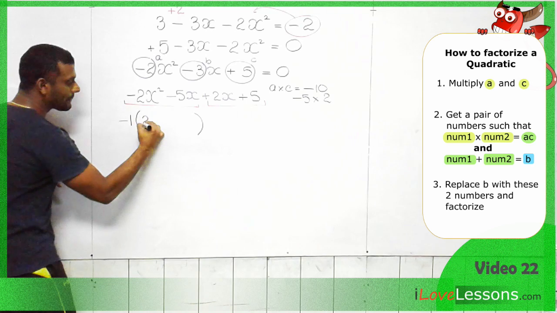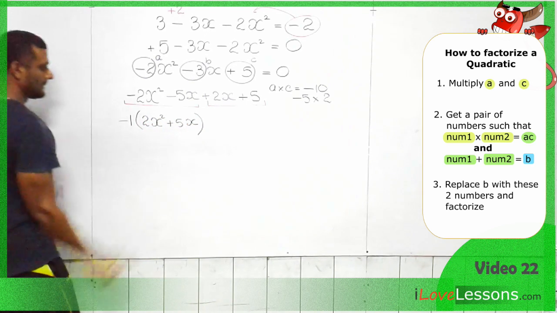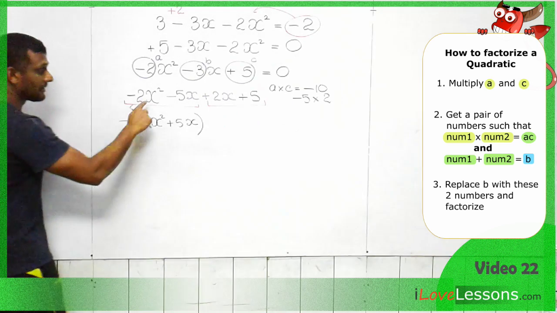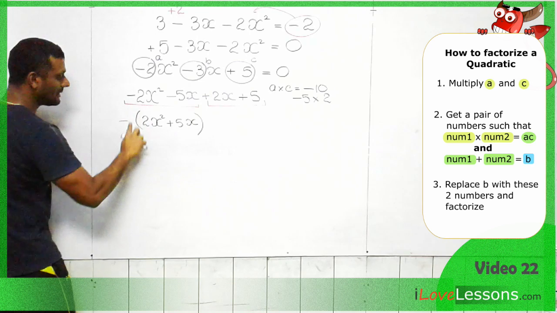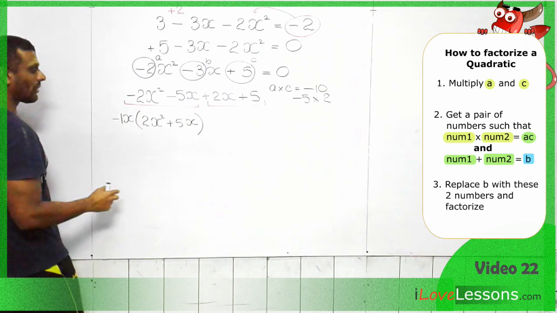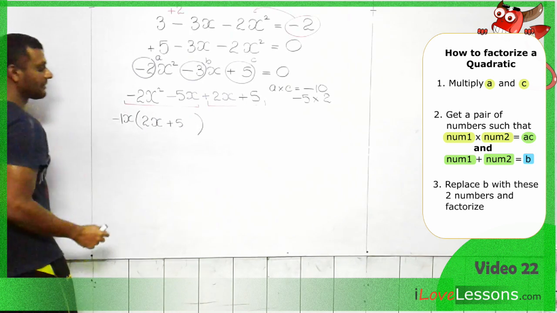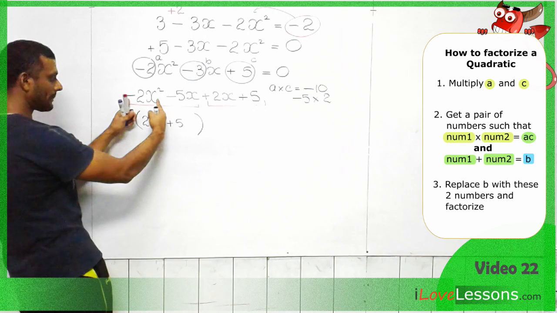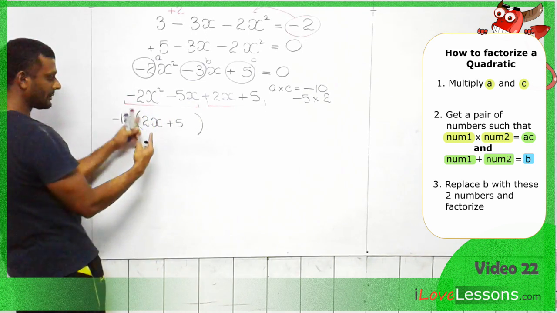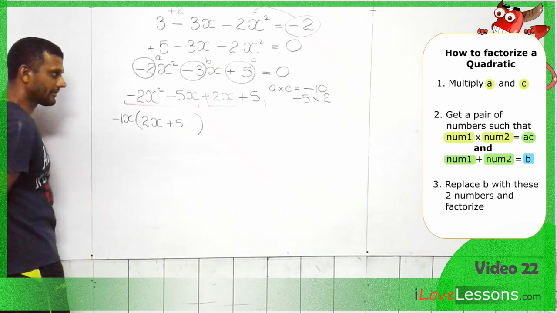So I believe we will get positive 2x squared, positive 5x. I think I made a slight mistake here. I think I could have pulled out minus 1x. If we pull out minus 1x, we will get 2x and just the 5, because we're secretly dividing everyone by minus 1x. And remember, when you divide a negative and a negative, you will get a positive.